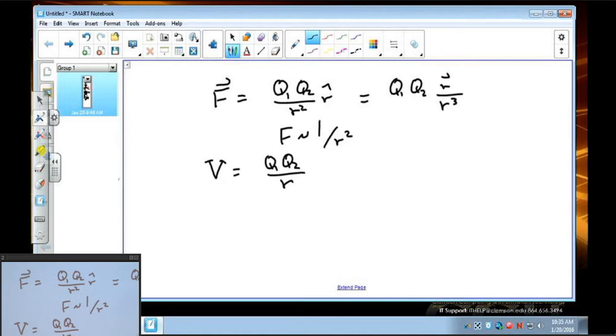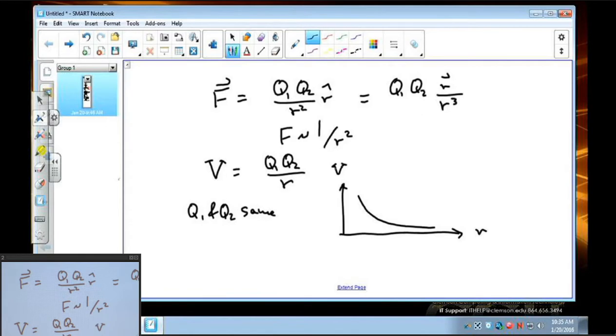So let's consider the case where the two charges are the same. Q1 and Q2 are the same type. That is, they represent positive or negative, as we call them, and they're the same type of charge. And then the potential energy will look like this as a function of R. It goes like 1 over the distance. Right?